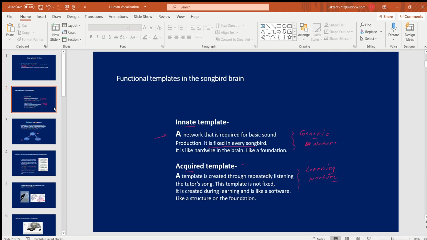Acquired is like the behavior we learn by training and learning from nature.